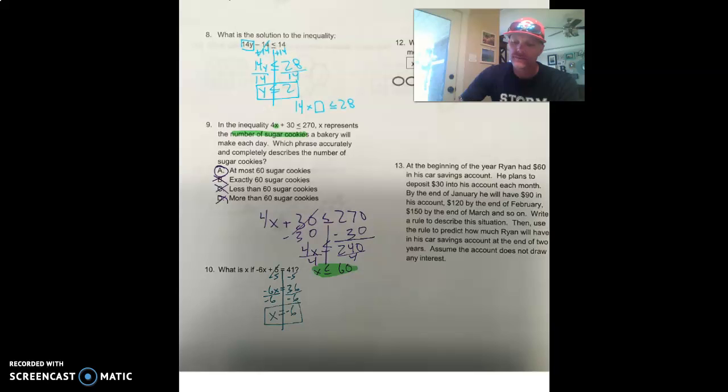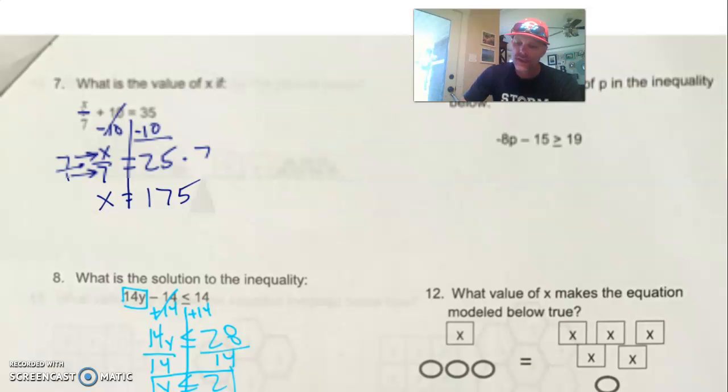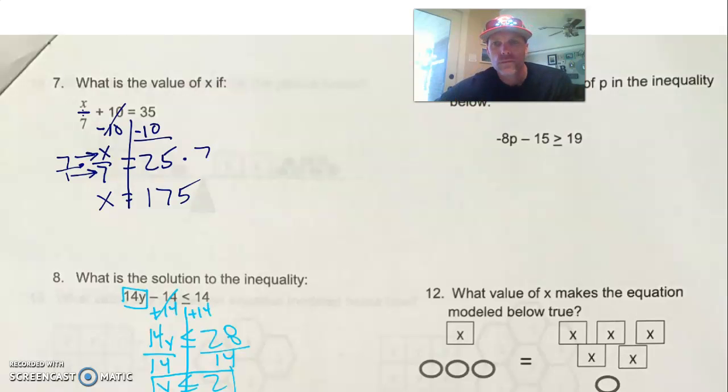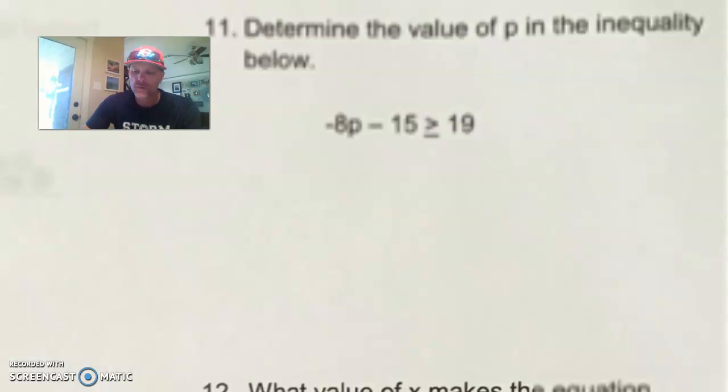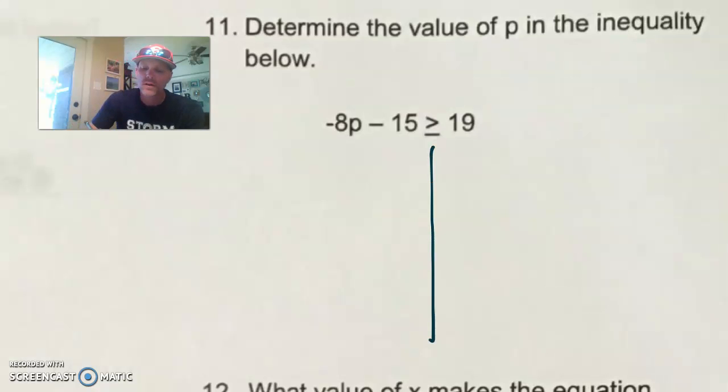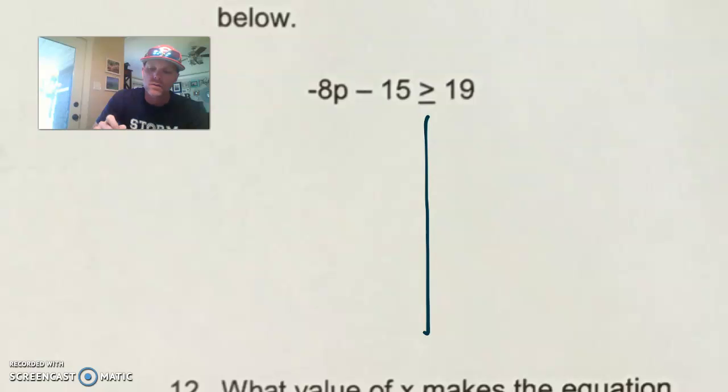For 11, same thing. We're just going to find out what P is. Draw a line. So I already know that I'm trying to get P by itself, and I'm going to have to divide by a negative at the very end, right?